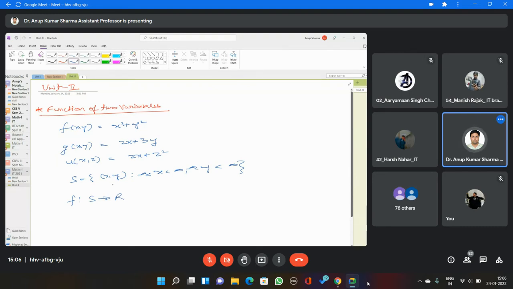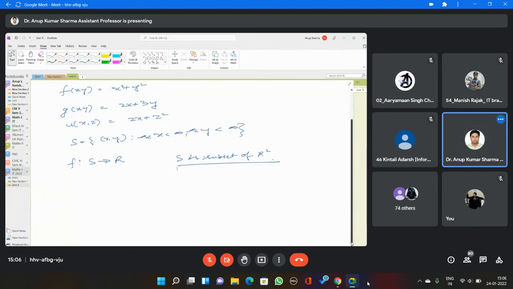S is a subset of R square, meaning Cartesian coordinates. So the value of the function belongs to the real numbers. These things you know already. So, function of two variables.